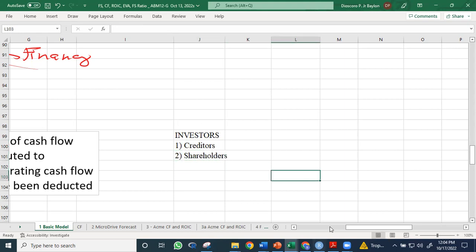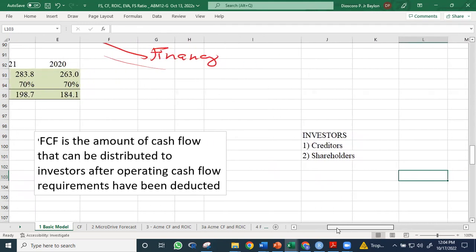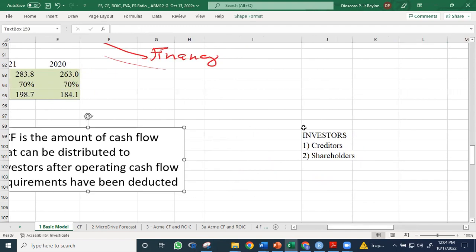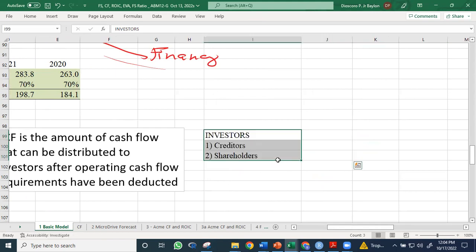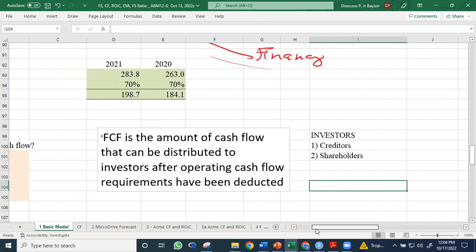Okay. So, going back to our definition of free cash flow, it's the cash flow that can be distributed to investors. So, pag sinabi ko investors, yung dalawang to, no? After, kaso may operative word, after operating cash flow requirements have been deducted. Kailangan yung company mag-provide muna ng cash flow requirements for operations.